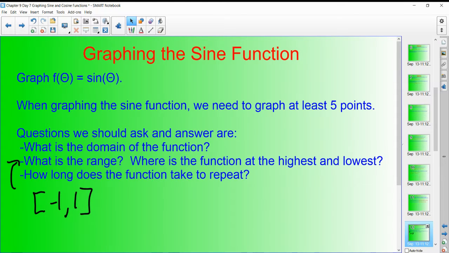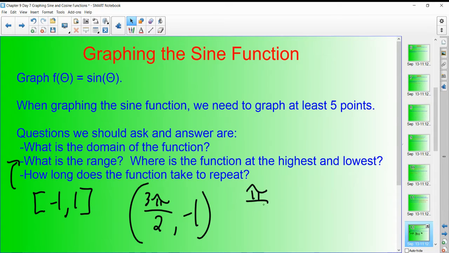So our maximum height is going to be 1 and our minimum height is -1. And we know that it's at -1 at 3 pi over 2. So 3 pi over 2 has a height of -1. And at pi over 2, it has a height of +1.